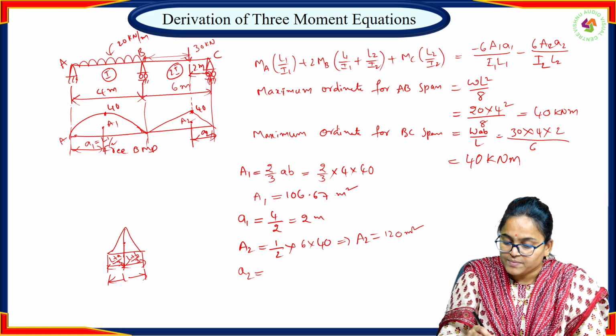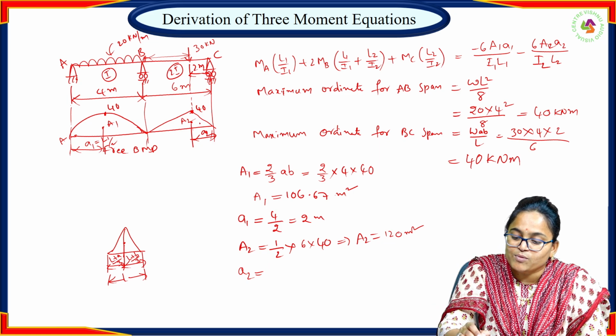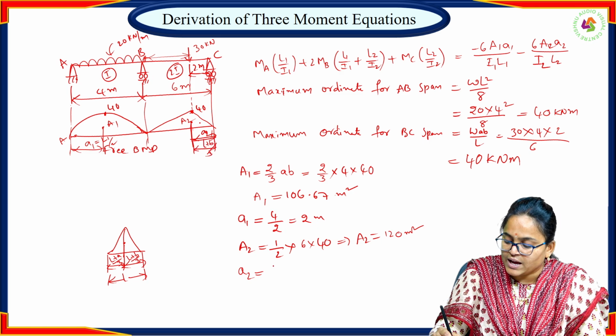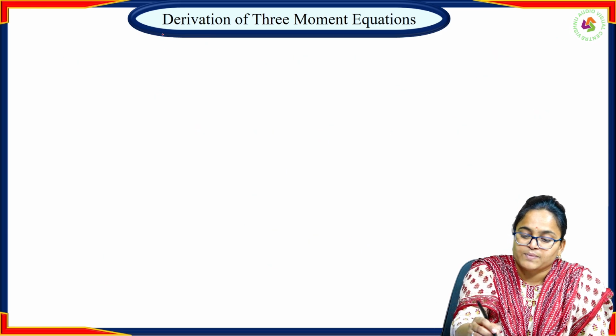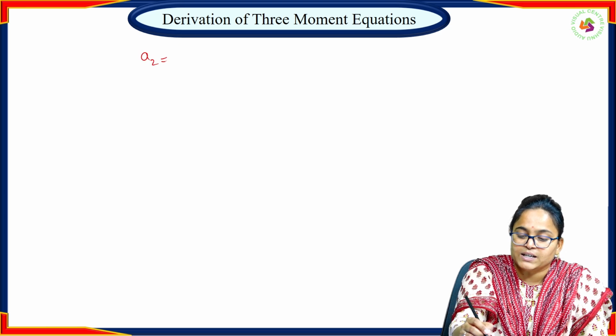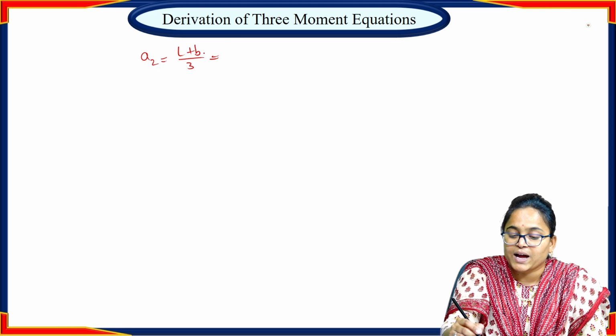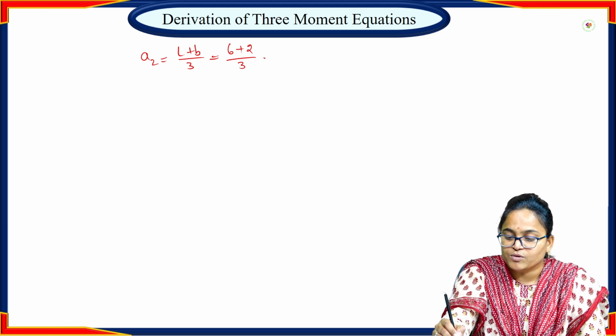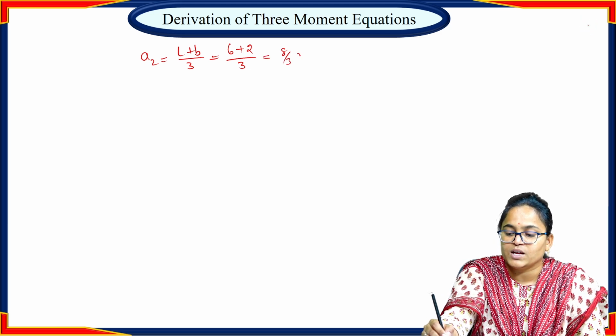Now here we want it from C, so this distance will be L plus B by 3. So small a2 can be written as L plus B by 3, that is, span of BC as 6 meters and B as 2 meters, divided by 3. So from this we'll get 8 by 3 meters.